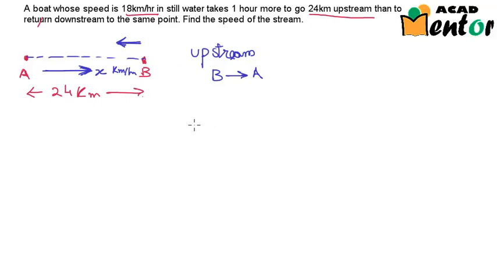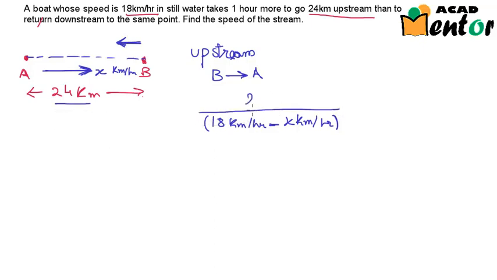The effective speed would be 18 kilometers per hour minus x kilometers per hour. There is a negative sign here because the stream is opposing the motion of the boat. The total distance that the boat has to cover is 24 kilometers.